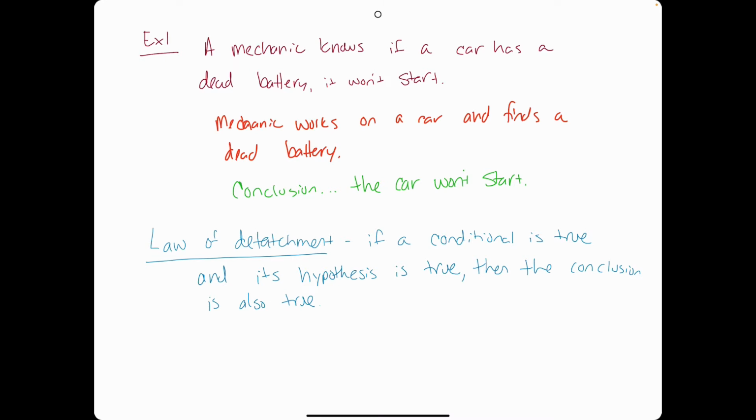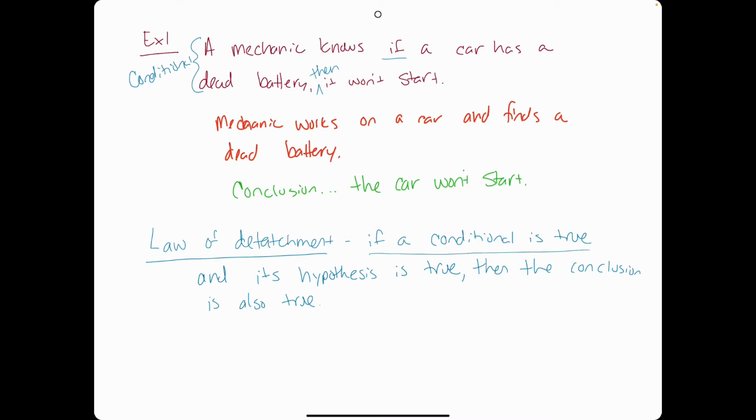So if I look back at my example 1, here in the beginning, the burgundy part, that would be my conditional. If a car has a dead battery, I could insert here, then it won't start. So there's your conditional. That is a true conditional statement. So that's the first part of the definition.